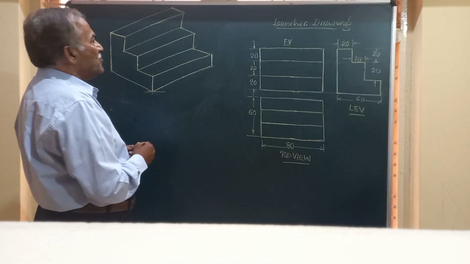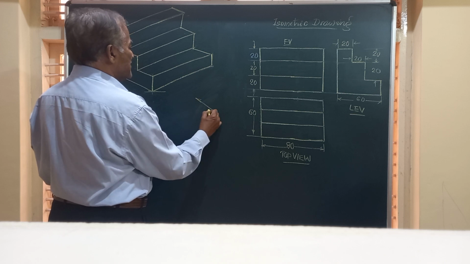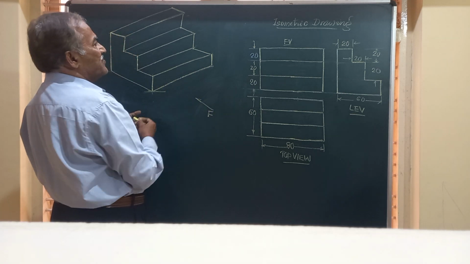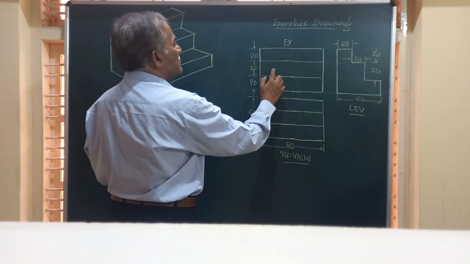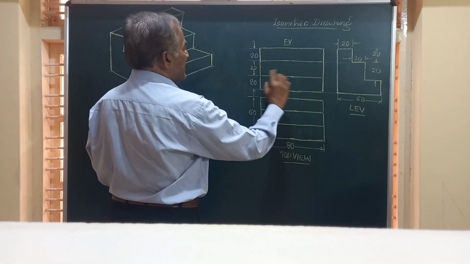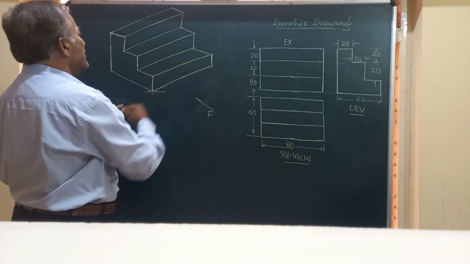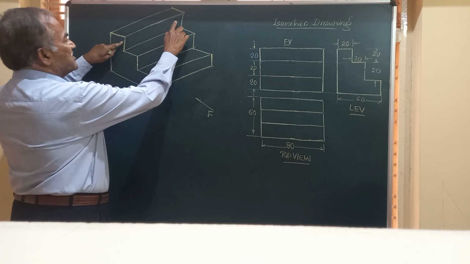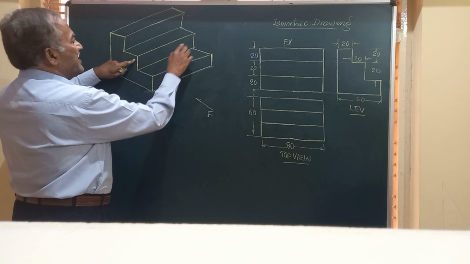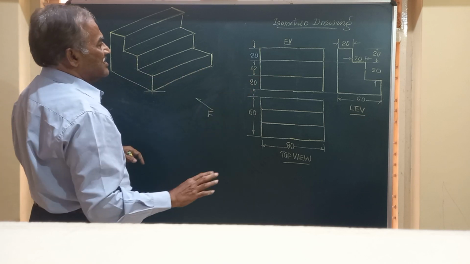Friends, I will show you one by one. See, for the front view, we are observing from this direction. What do you see in the front view? There are three rectangles of equal size, 20 by 80, 20 by 80, 20 by 80. If you look like this, friends, this is the 20 by 80 first rectangle, 20 by 80 second rectangle, 20 by 80 third rectangle.